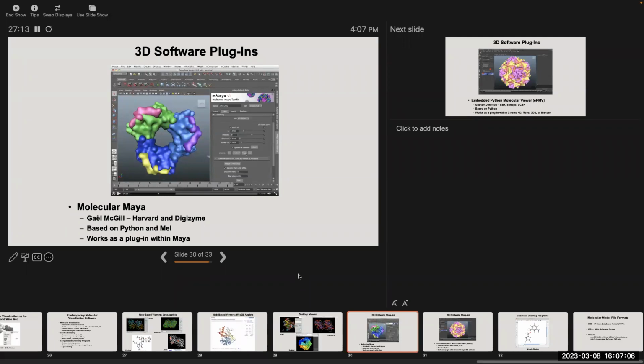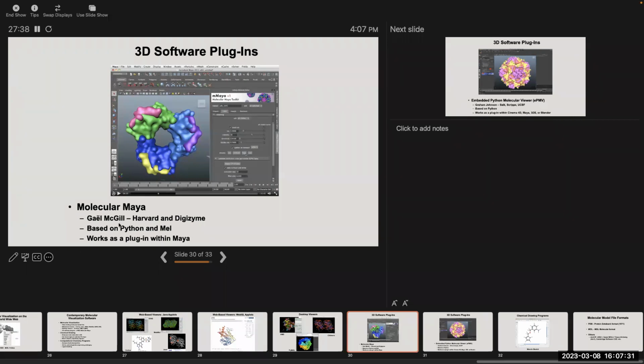You can just enter the PDB ID number. The PDB is the Protein Data Bank. Every protein saved in the Protein Data Bank has a 4-character ID number. You can enter that ID number directly into Molecular Maya, and it'll retrieve that model from the Protein Data Bank and bring it in and open it.